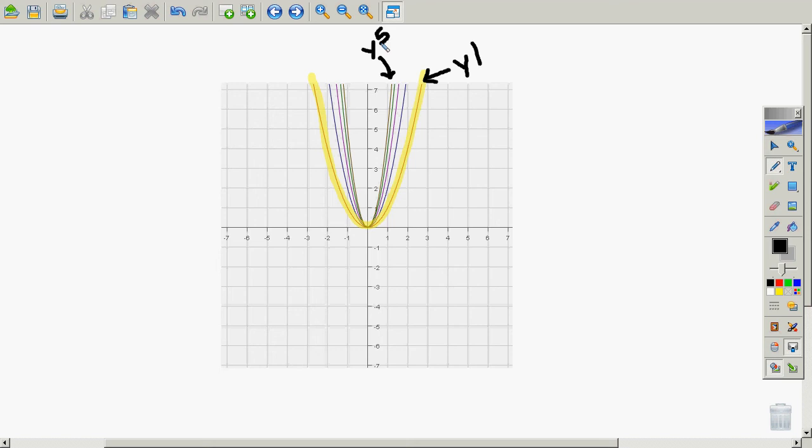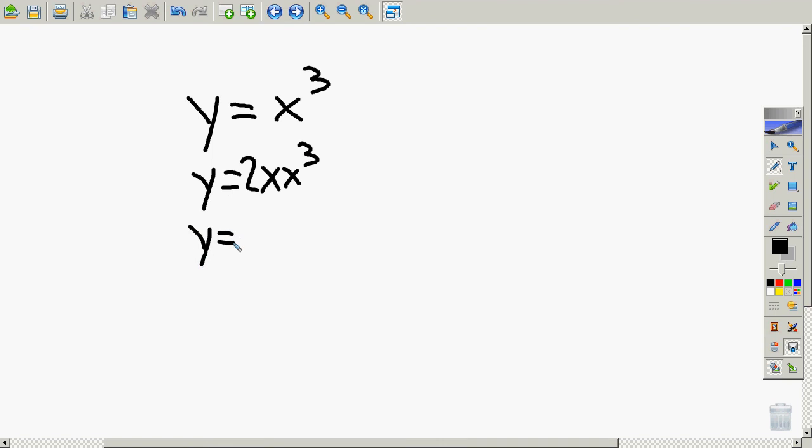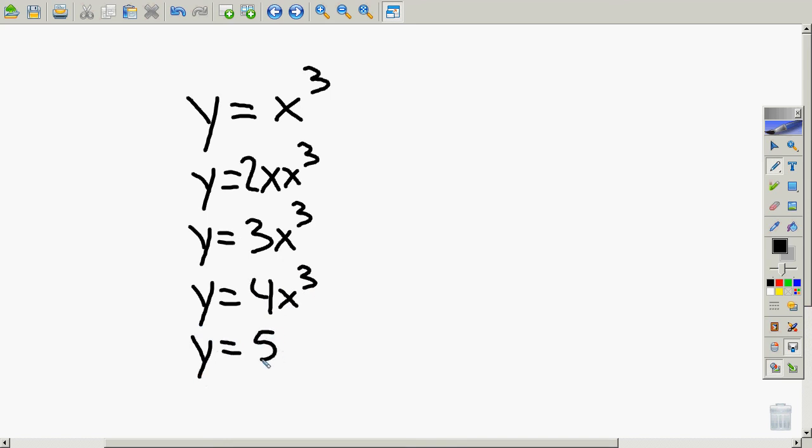Okay, last one I want us to try for this is the cubic ones, x to the third, 2x to the third, 3x to the third, and so forth. Okay, and once you have these typed in, once again, go ahead and graph it with zoom 6.